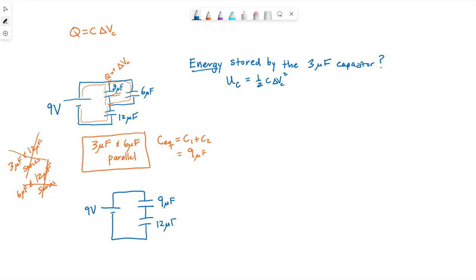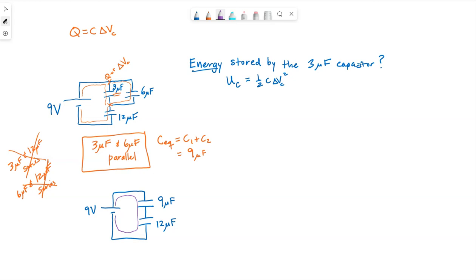This other one is still the 12, because that was not in parallel with the 3 and the 6. Now that I'm to this step, I can follow my path and see that I have to pass through both the 9 and the 12.